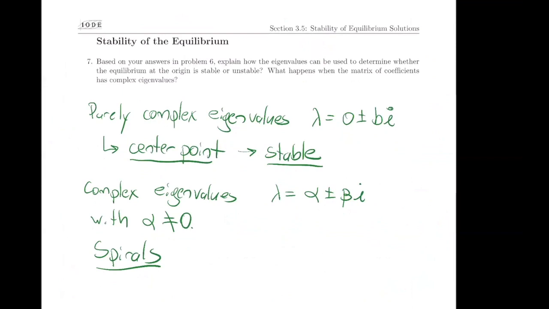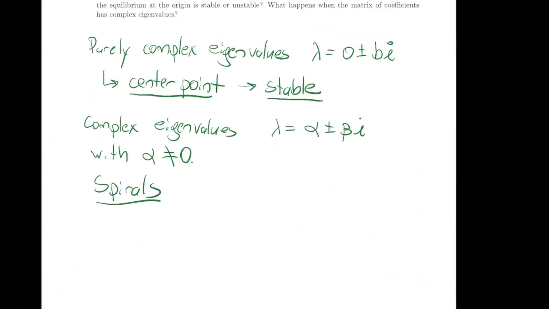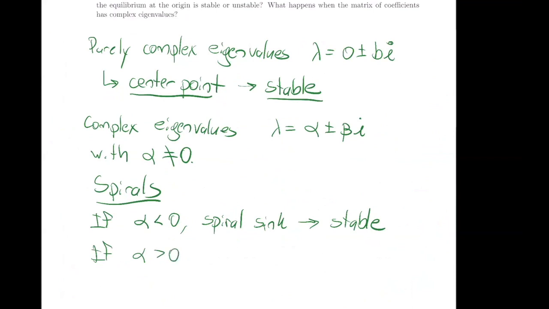Just to summarize this last case, when we have complex eigenvalues with a non-zero real part, we're going to get spirals. If the real part is less than 0, then we get a spiral sink, and that is stable. If the real part is positive, then we get a spiral source. That is unstable.